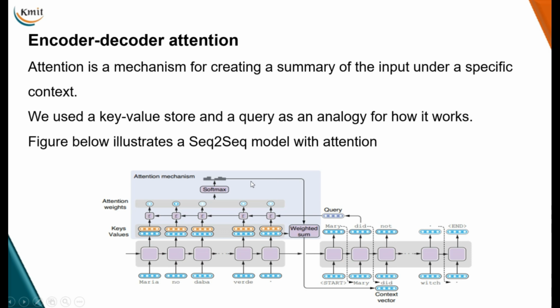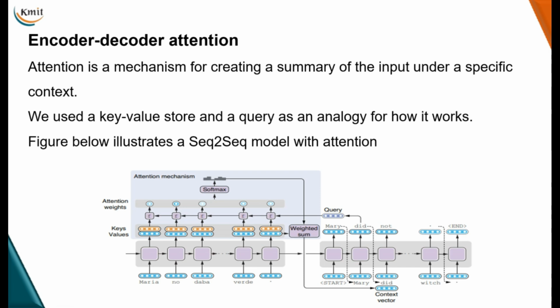So from this attention mechanism, we will be getting the weighted sum of all the tokens. Now this weighted sum will generate the context dependent summary, which will be given as input to the decoder block. Okay, I am not making any changes in the decoder block.